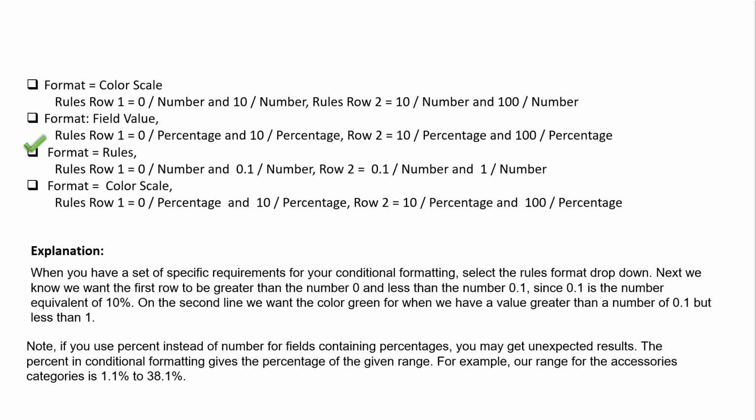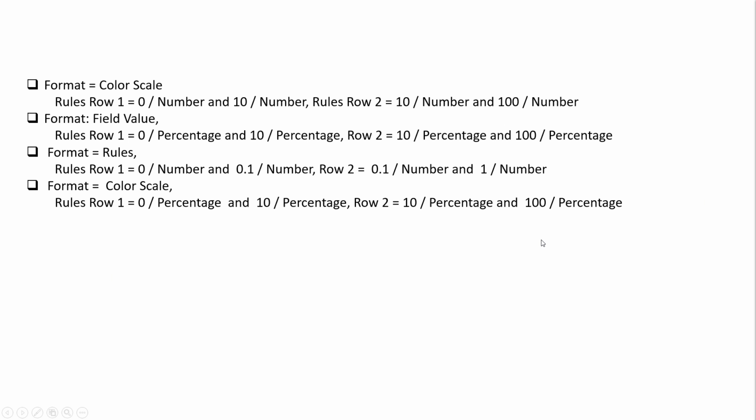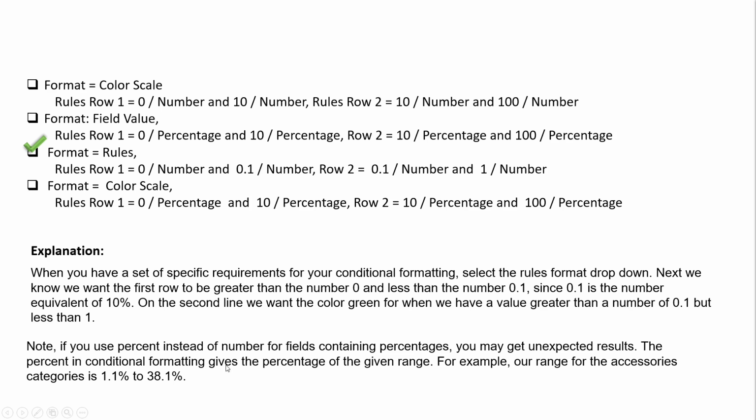So you need to note that we didn't select percentage, we selected number for these options in the rules section. That is because if you use percentage instead of numbers for fields containing percentages, you may get unexpected results.